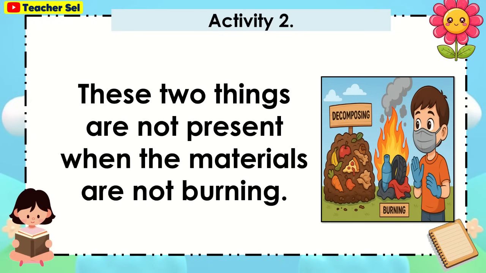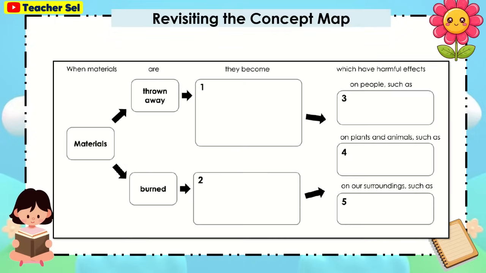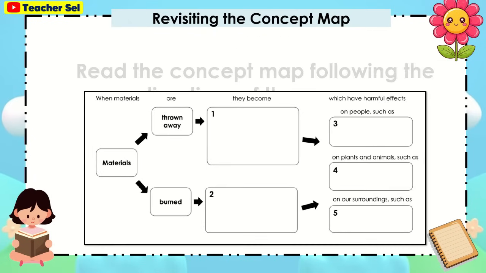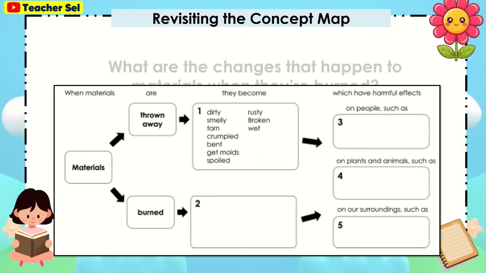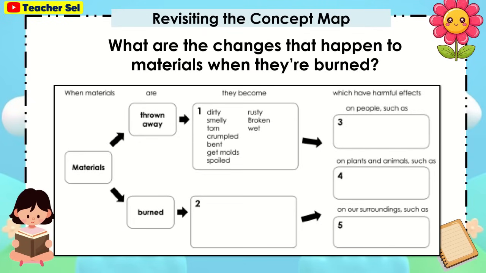These two things are not present when the materials are not burning. Revisiting the concept map. Fill up the box number 2. Read the concept map following the directions of the arrows. What are the changes that happen to materials when they're burned?